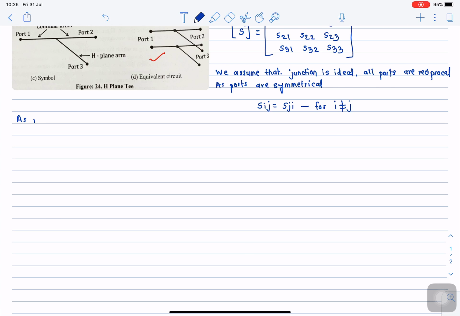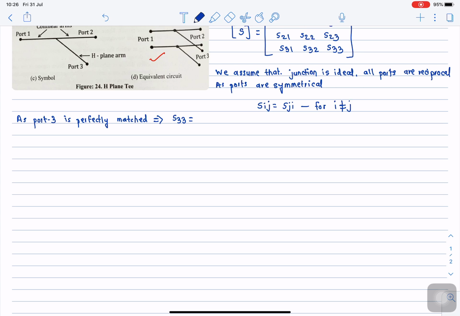Okay, how is the reflection coefficient for port number 3 represented in terms of scattering parameter? The scattering parameter representing the reflection coefficient at port number 3 is denoted by S33. So S33 is going to be 0 as port number 3 is said to be perfectly matched. So how can we write this scattering matrix? Let us say this is equation number 1. So with this assumption, how can we write equation number 1?